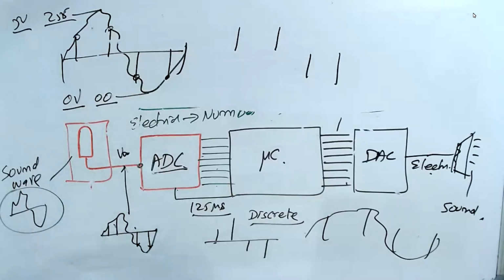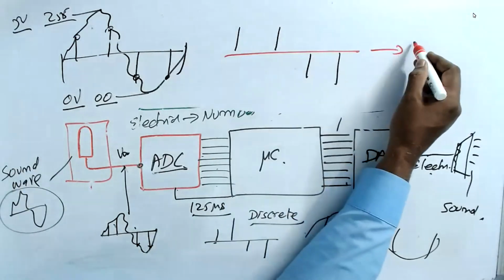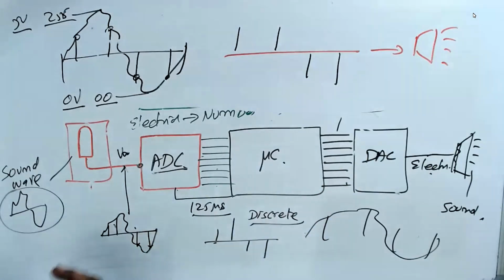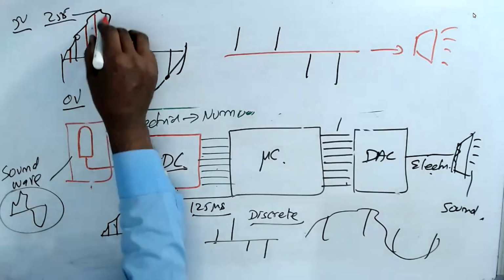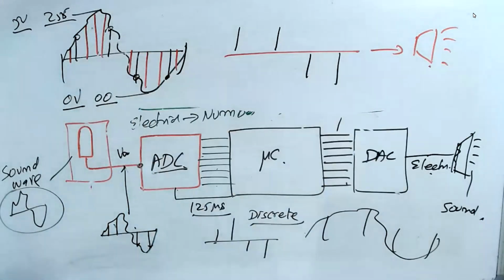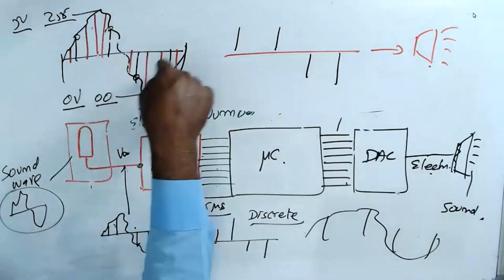Now, you'll be thinking that, hey, if I give this to the speaker, will I get this? I say hello. Will I get hello? Or you may think, how many samples do I have to take such that my voice becomes very clear? Please understand one thing. My voice is this.